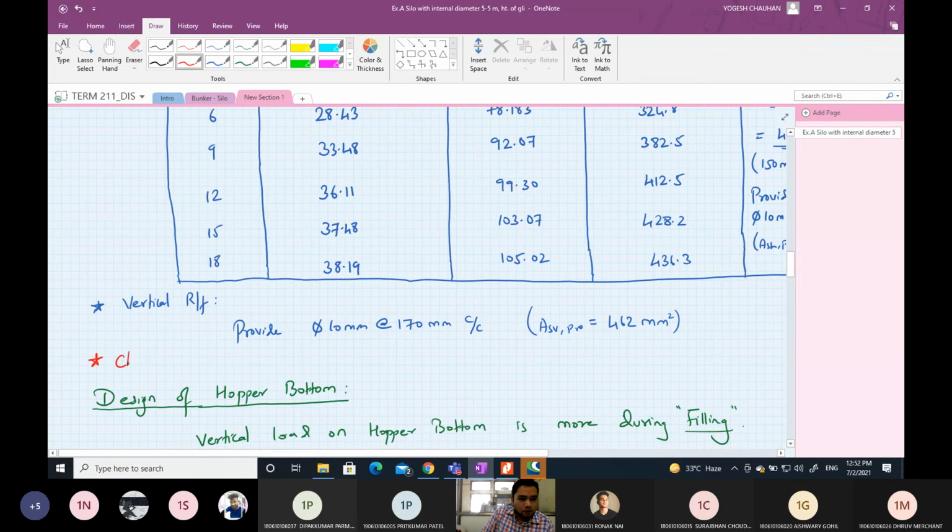So let us check that. Check for stress in concrete. Here the direct tensile stress in concrete will be equal to T divided by AE.